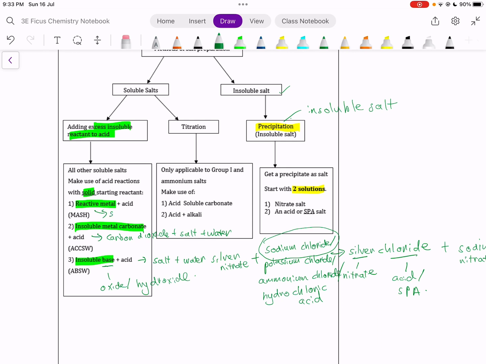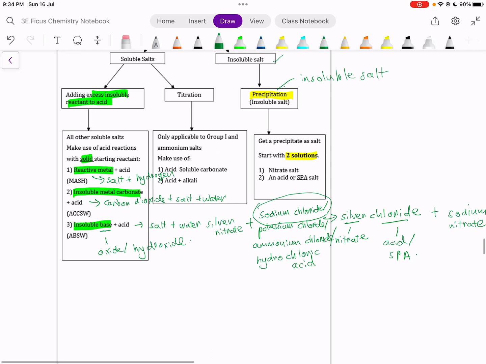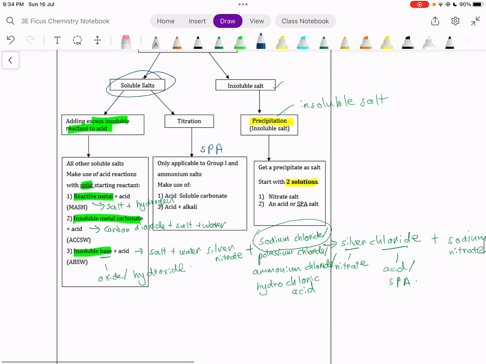And metal plus acid gives you your salt plus hydrogen, but only reactive ones, things like copper cannot. So we're going to look at this method by which the majority of soluble salts are prepared. The other group is only applicable for spectator salts, sodium, potassium, ammonium. So those non-spectator soluble salts are usually prepared by this method.